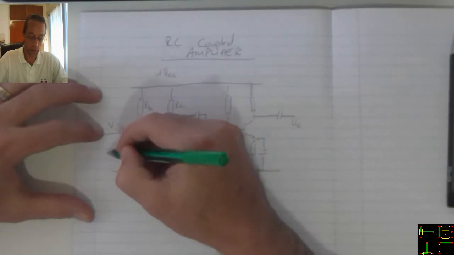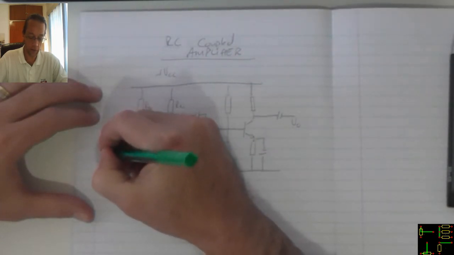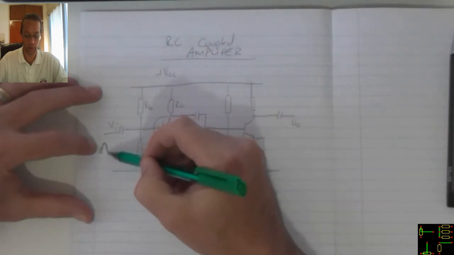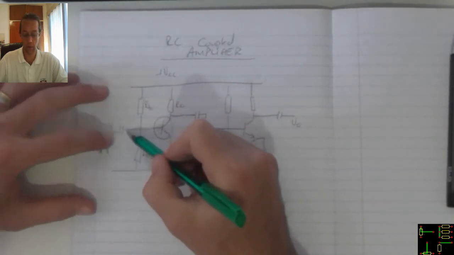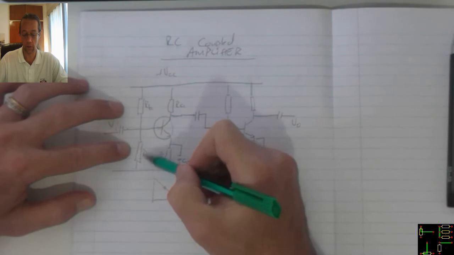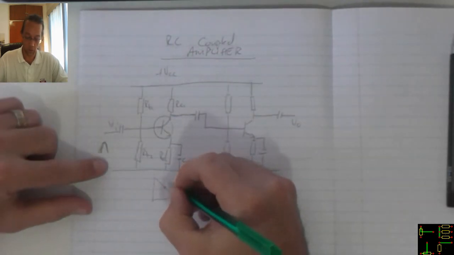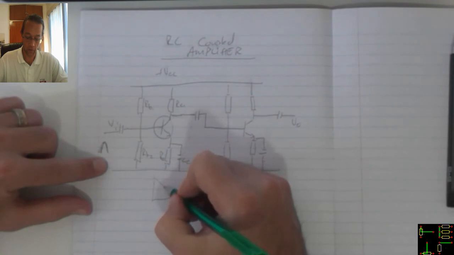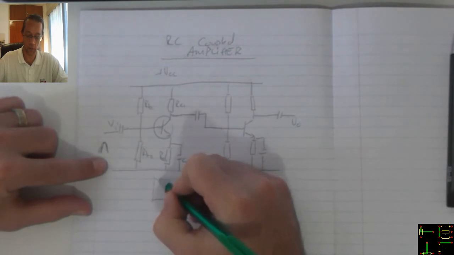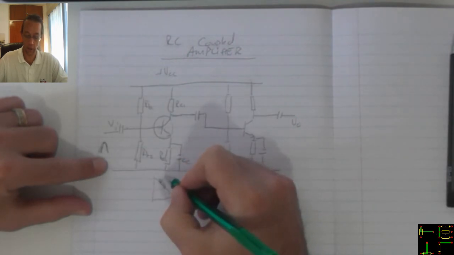Now as my input voltage there increases, let's say I've got a positive signal there, this capacitor charges, that changes the voltage on my biasing, which in turn will turn my transistor more on. In other words, the area of operation is going to move upwards.